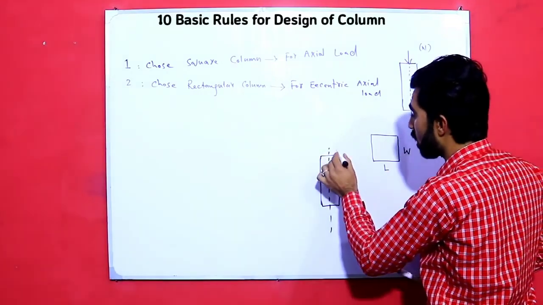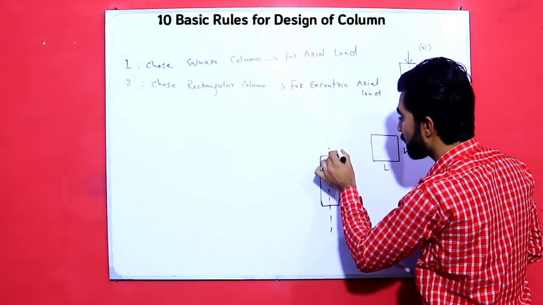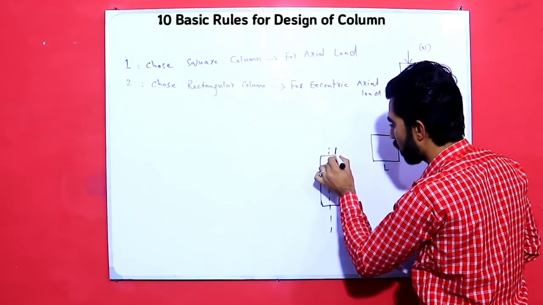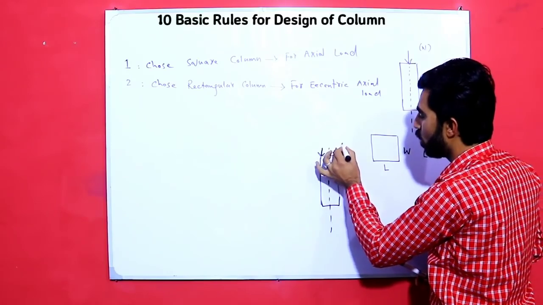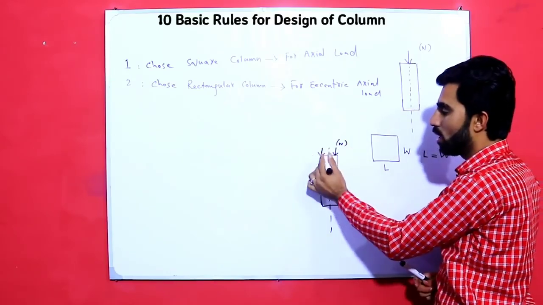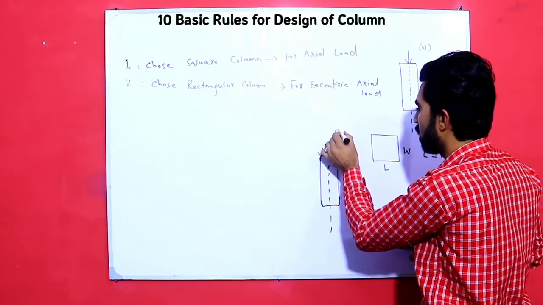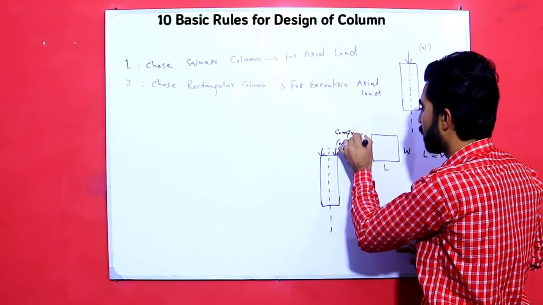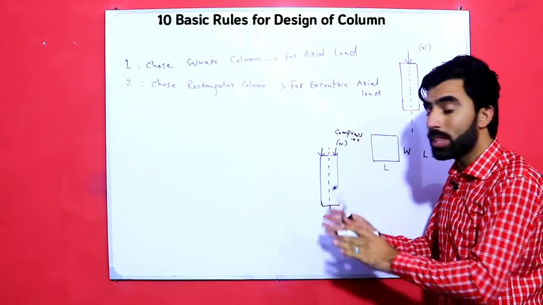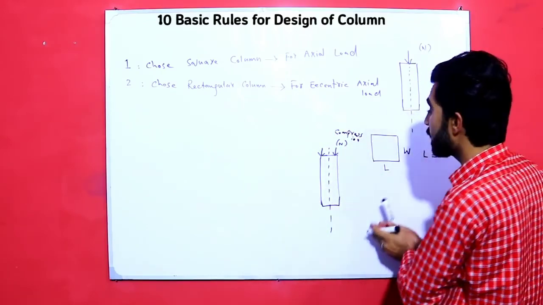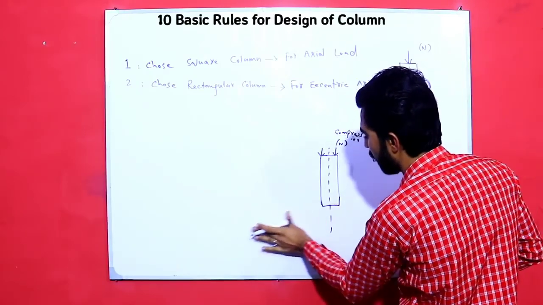When the load comes on the eccentric point, eccentric point means not at the center, if load comes here, not on the center or on this point, when the load comes on any point but not at the center of the column, when the compression load comes not on the center, without axial point, in this case select rectangular column.